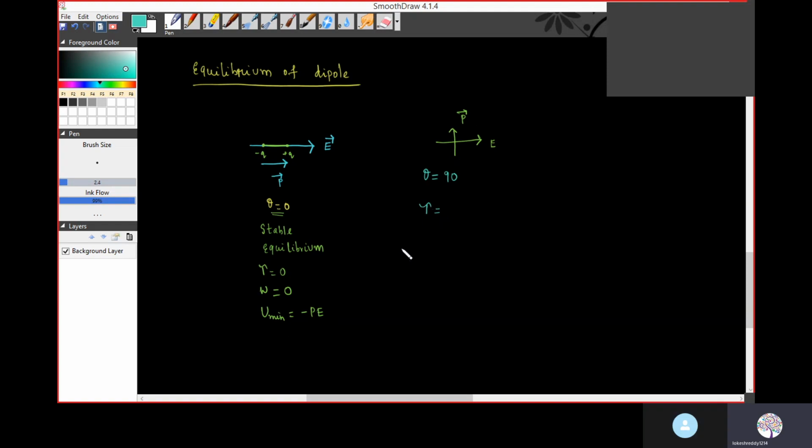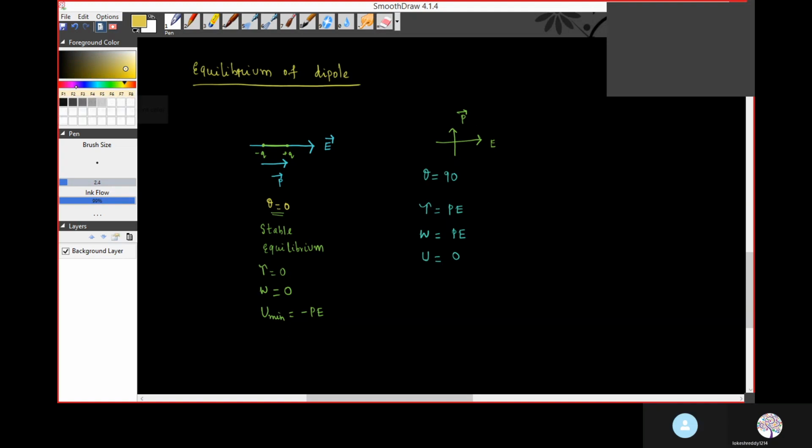Torque is equal to PE sine 90. Sine 90 is 1. So torque is equal to PE. Then what about work done? Work done is equal to PE. And potential energy U is equal to minus PE cos 90. Cos 90 is 0. So U is equal to 0.